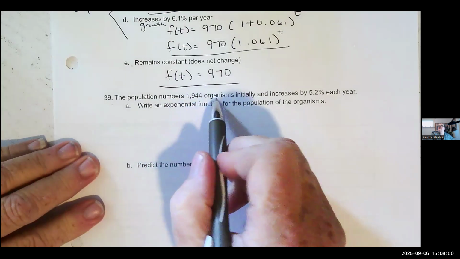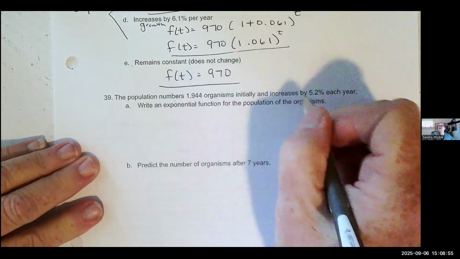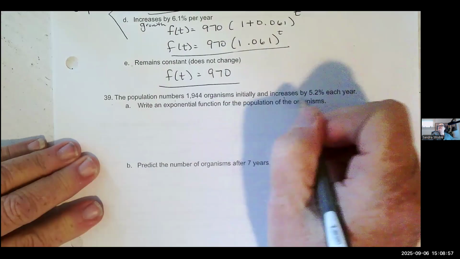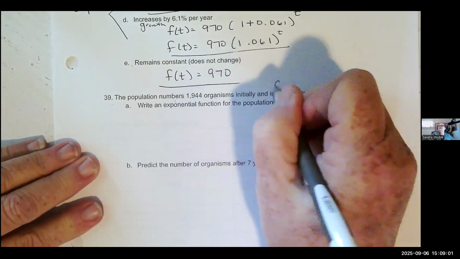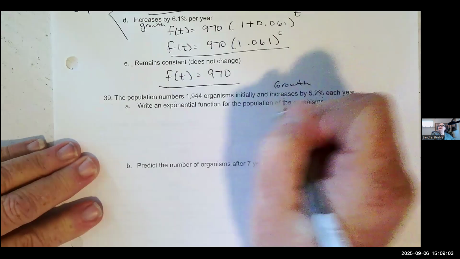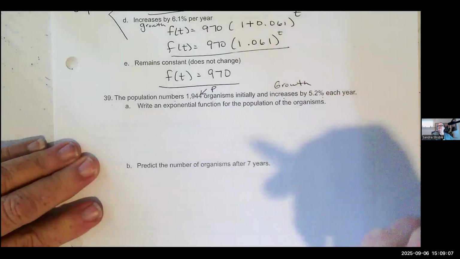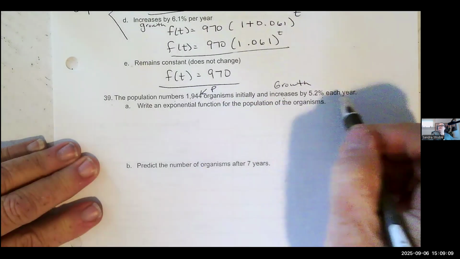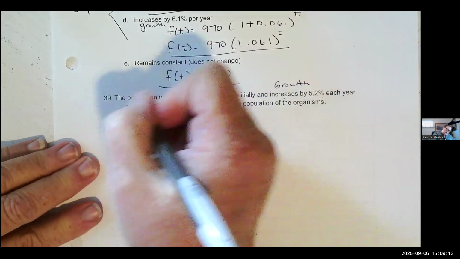The population numbers 1,944 organisms initially. So this is our beginning number, and it increases by 5.2%. So this tells me this is growth, because it's increasing, and this tells me that this is my P because it's the initial number of the population and each year. Write an exponential function for the population of the organisms.